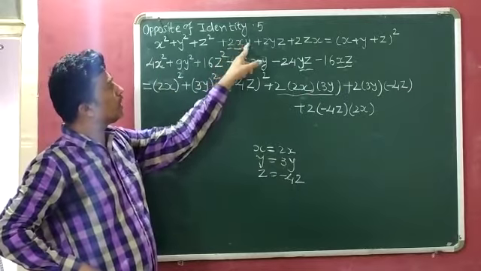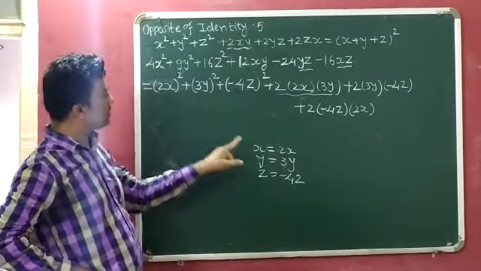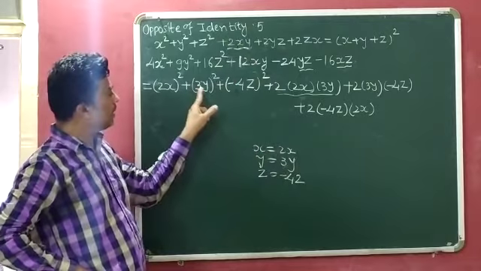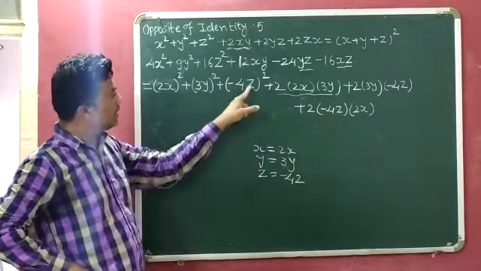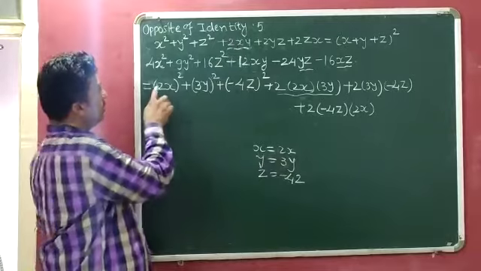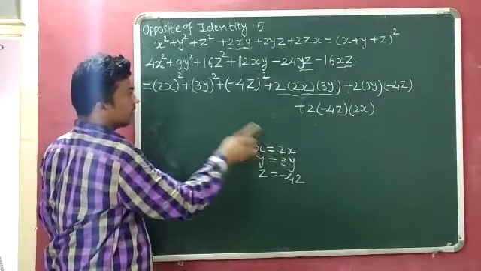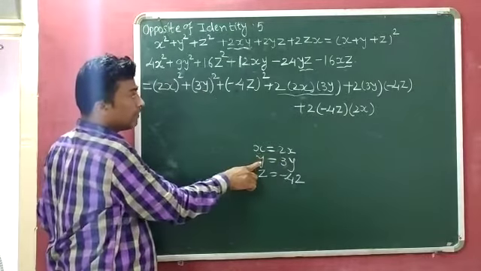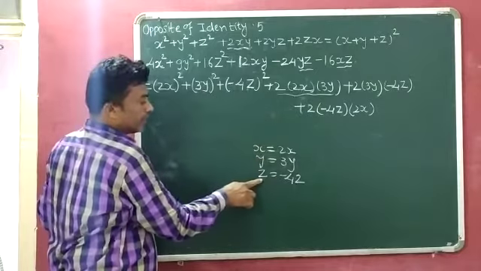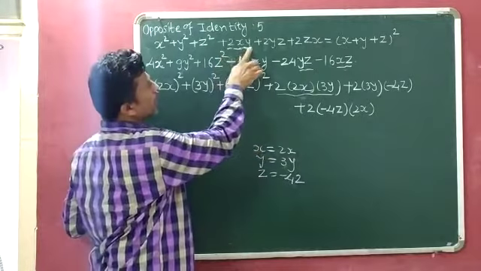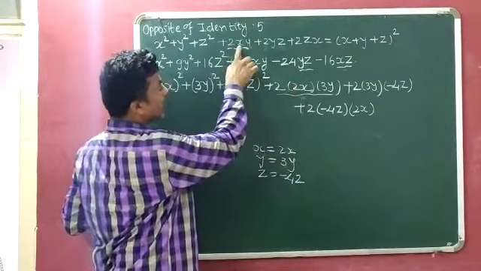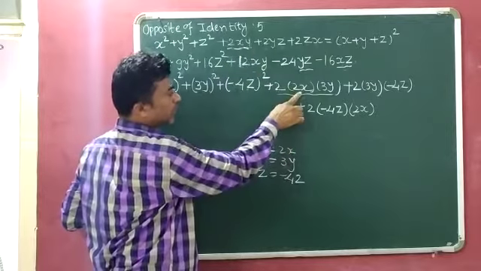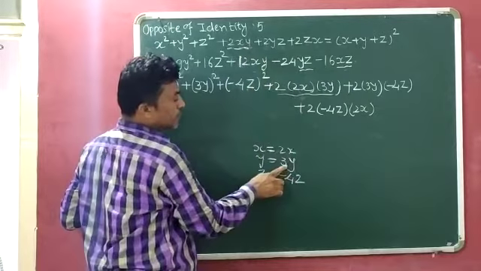Now we can write 2xy. But see here 2x, x is equal to 2x, y is equal to 3y and z is equal to minus 4z. 2x we can consider x, 3y we can consider y and minus 4z we can consider z. So 2xy. So this 2x, x means what? 2x. So in bracket 2x, y means what? 3y.